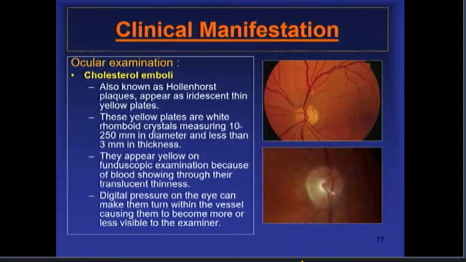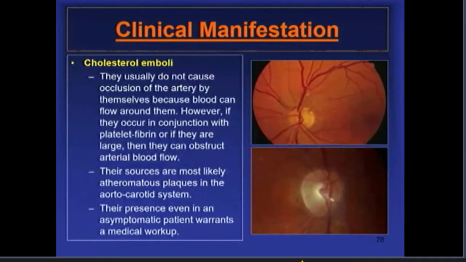Digital pressure on the eye can make them turn within the vessels, causing them to become more or less visible. Cholesterol emboli on the other hand usually do not cause occlusion of the artery by themselves because blood can flow around them, as we mentioned earlier.